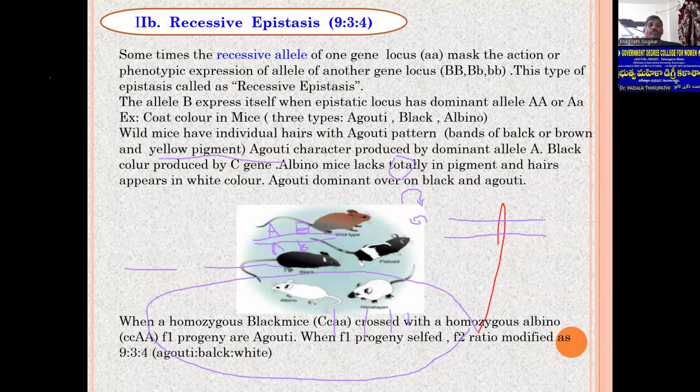This type of phenomenon is called recessive epistasis. The allele B expresses itself when the epistatic locus has the dominant allele, capital A. Coat color in mice has three types: agouti, black, and albino. Based on the checkerboard, I will explain that.